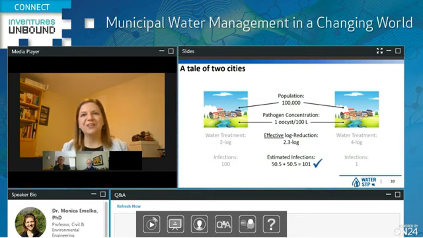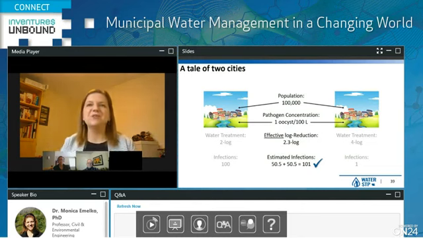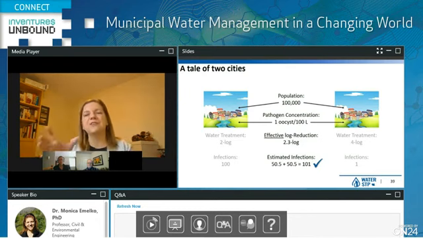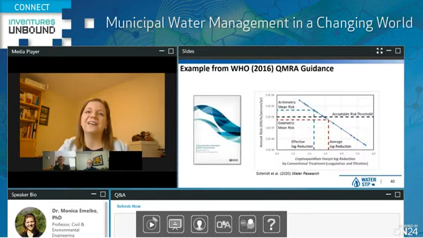So although the risk is not perfectly evaluated, both cities could benefit from some site-specific performance monitoring, because this is just an assumption based on table values, right? But at least it comes closer to giving us a proper average based on the data that are available in the literature. Of course, site-specific monitoring would be useful, but it does emphasize something when we look at the guidance and the regulatory process.